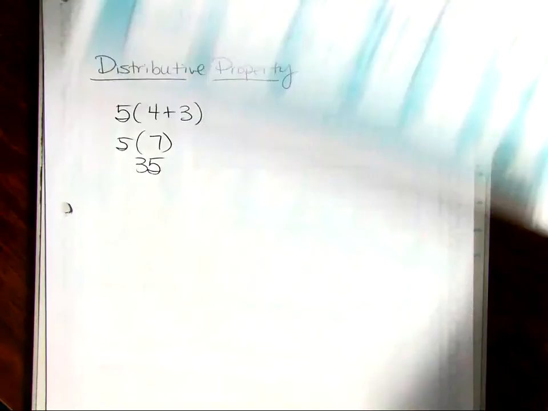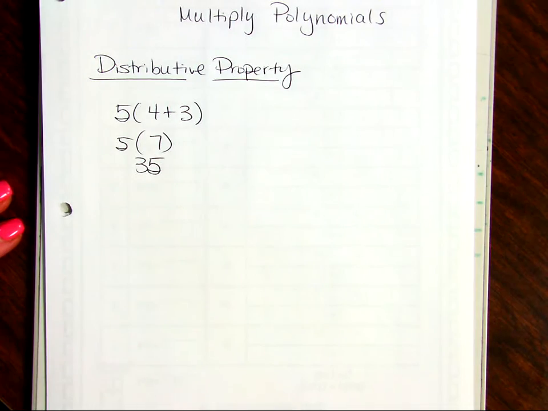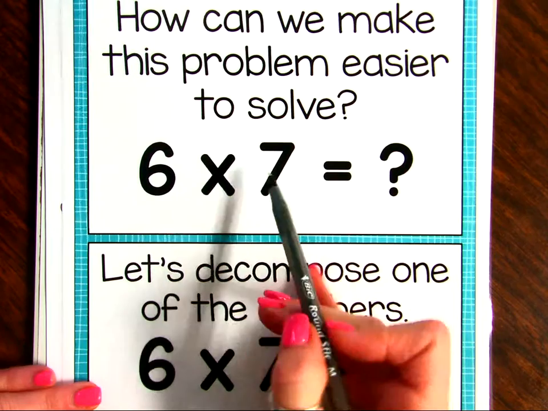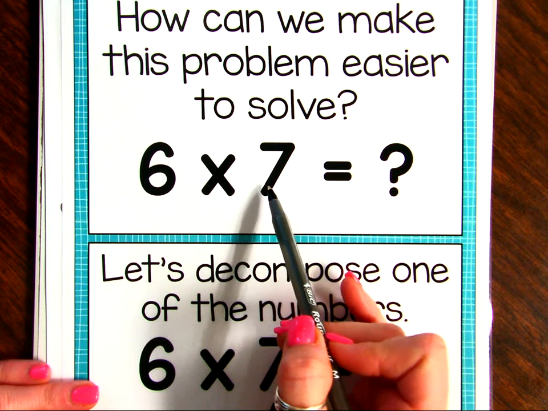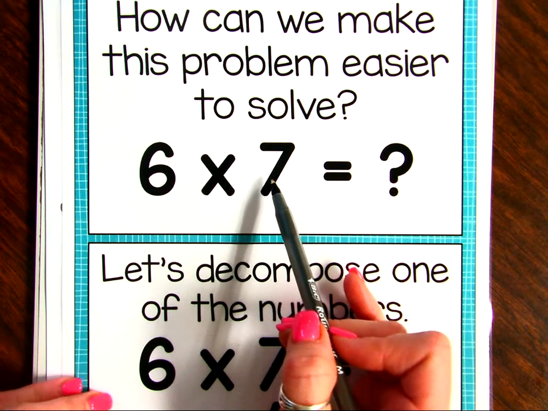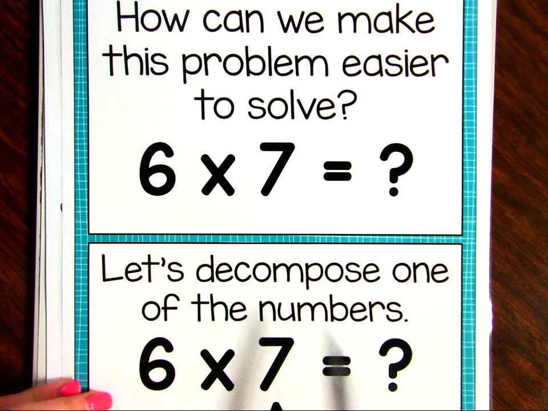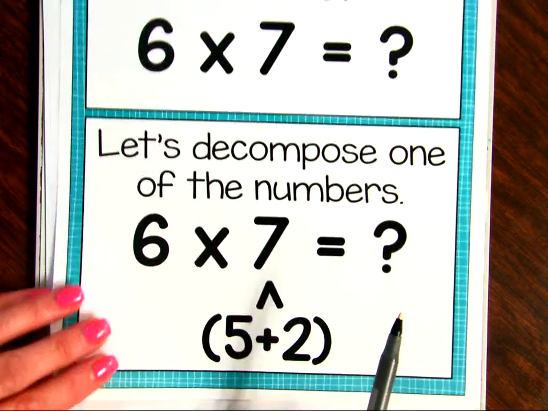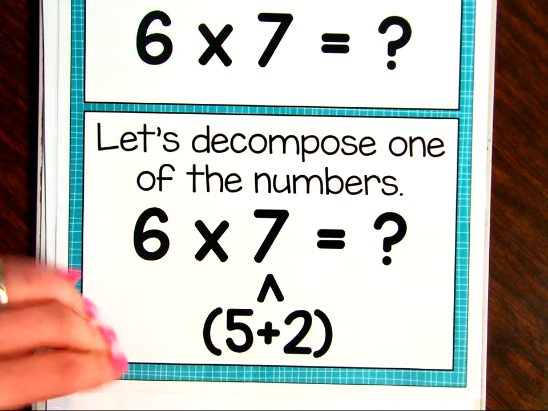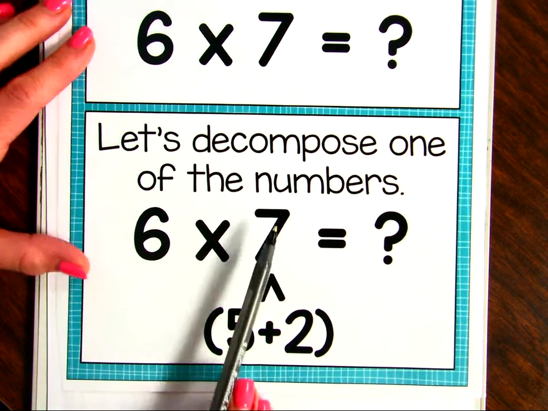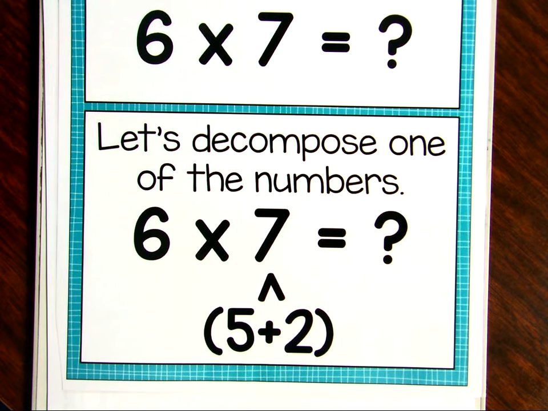So this kind of goes along with a big discussion we had first hour. Instead of teaching kids to just memorize 6 times 7, which yes, they do just need to memorize their multiplication facts, but if you're breaking it down, they're using the word decompose on a smaller level. They're saying, we could if we needed to. We may not want to, but we could break 7 down into 5 plus 2, right?